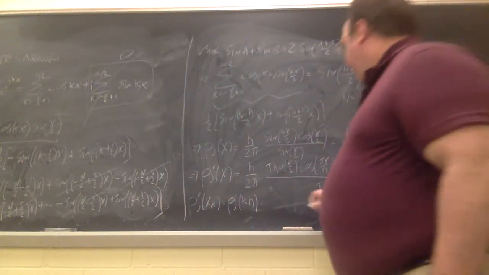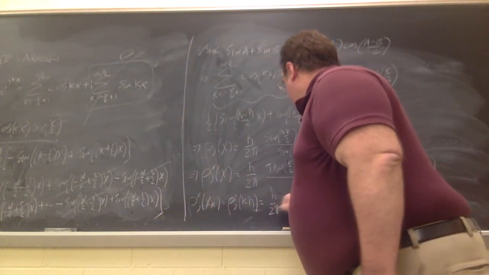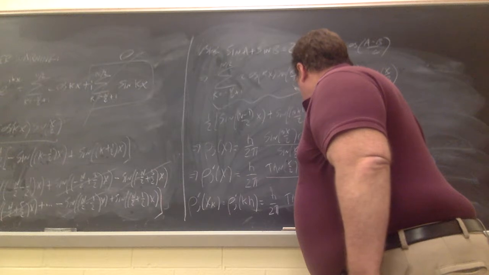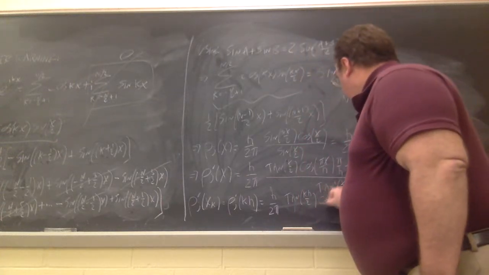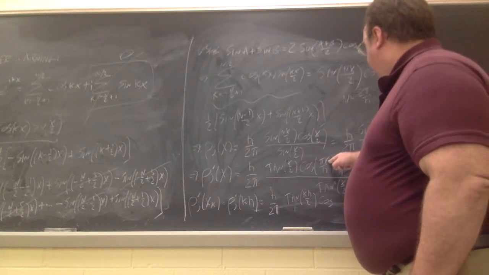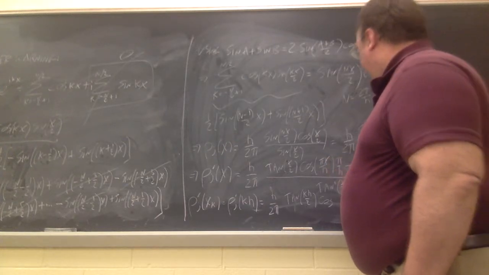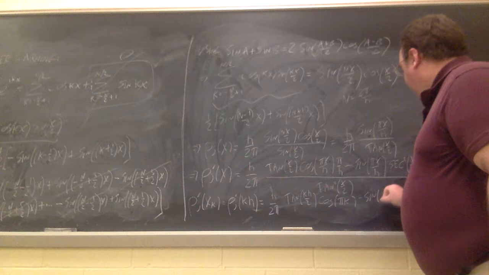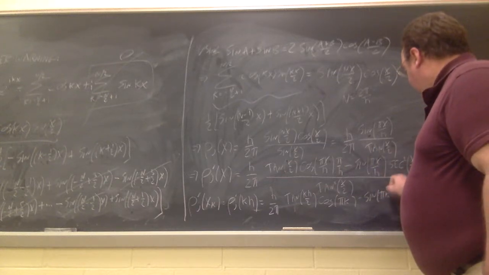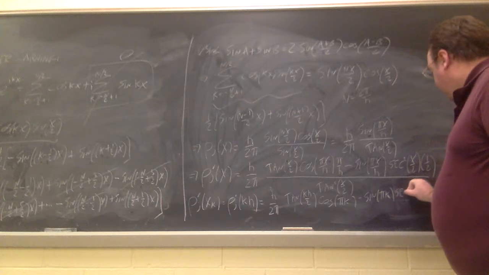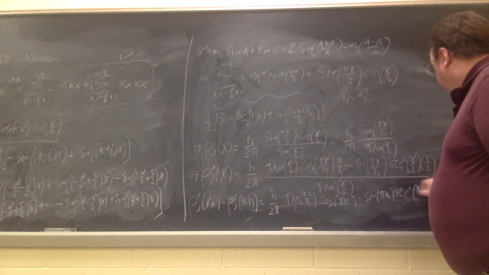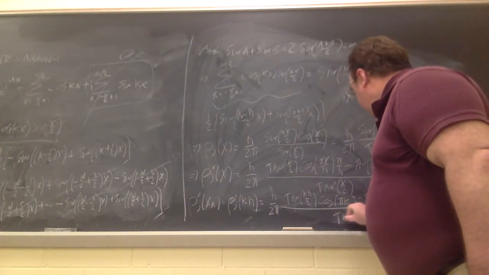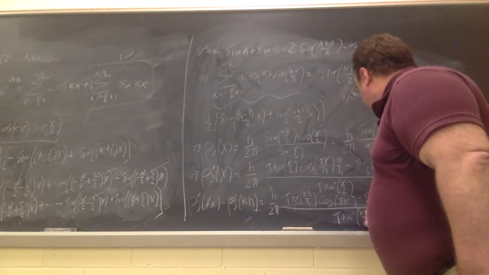So if I take that into account, I'm going to have tangent kh over 2, cosine of x is kh, so the h's will cancel and I'll get pi k, minus sine, again pi k, and then secant squared kh over 2 times 1/2 all over tangent squared kh over 2.